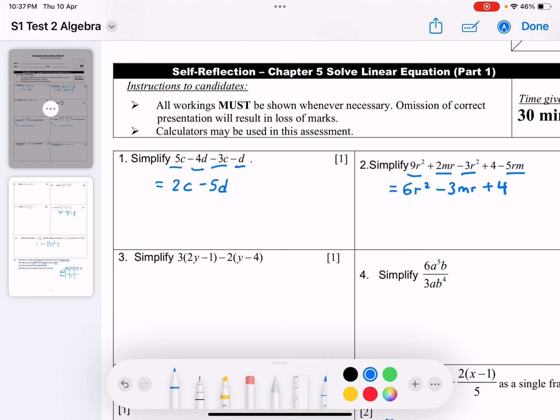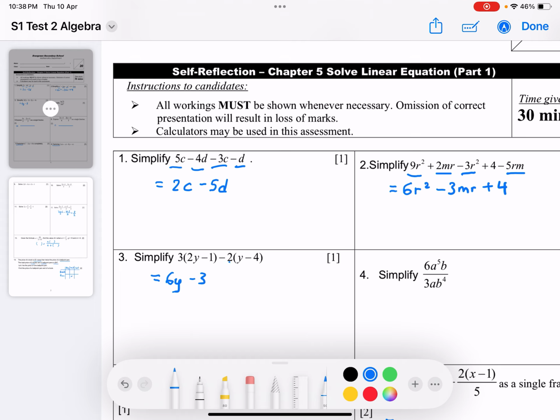In the third sum, we have the distributive law. Here we multiply 3 into the brackets. We have 3 times 2y is 6y, and 3 times minus 1 is minus 3. Now in the second part, we need to be careful of the change of sign.